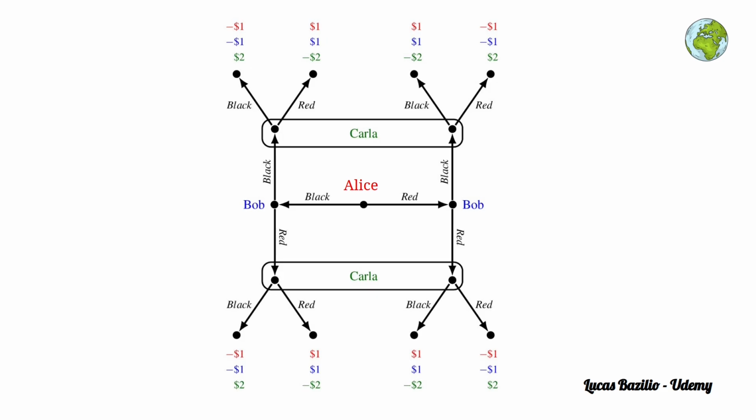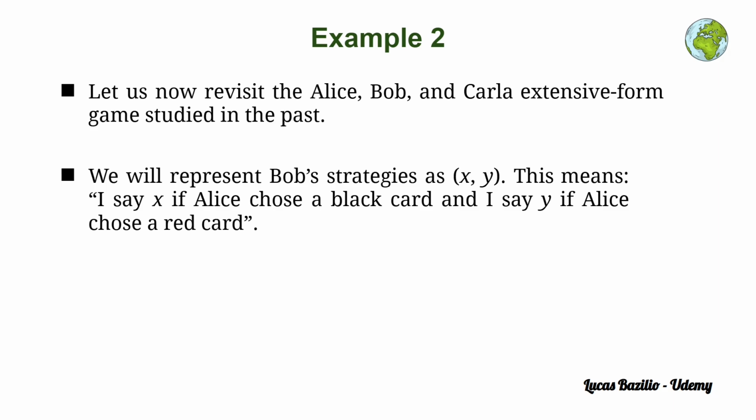So how are we going to represent this strategic form? Well, first of all, we will denote Bob's strategies as XY, that is to say, as a pair. This means that I say X if Alice chose a black card, and I say Y if Alice chose a red card. Remember that it is Bob who makes a statement to Carla.